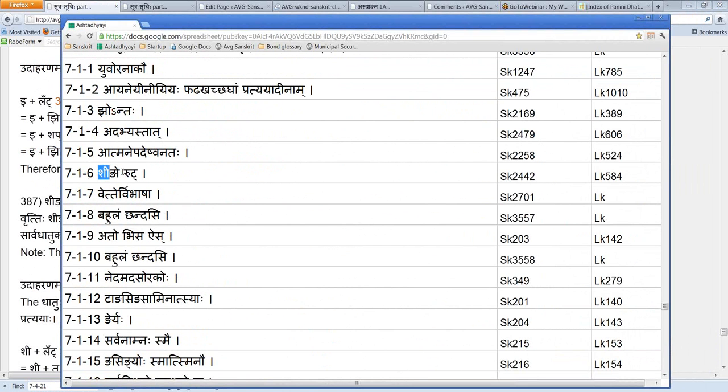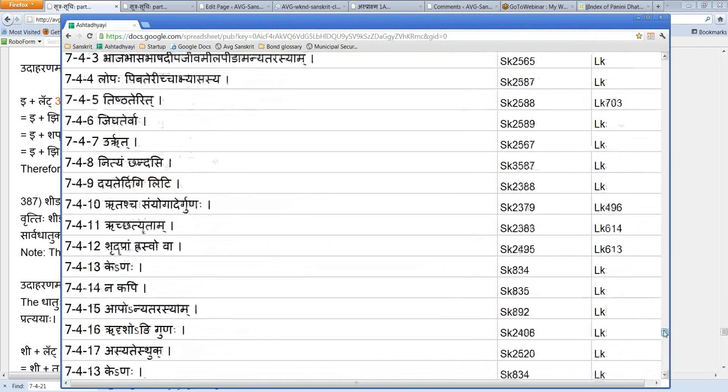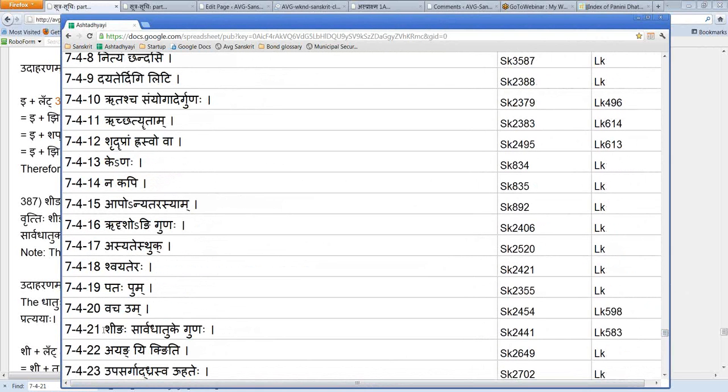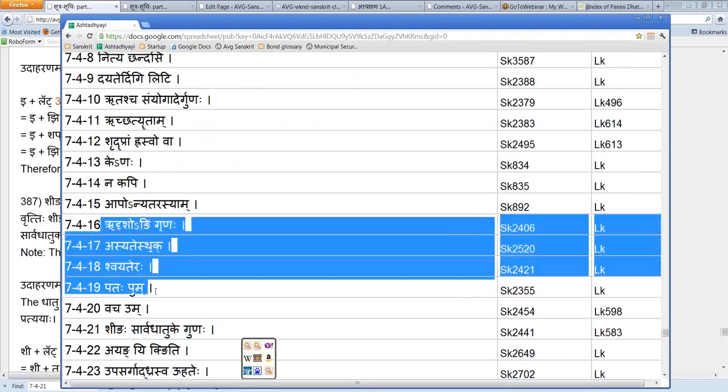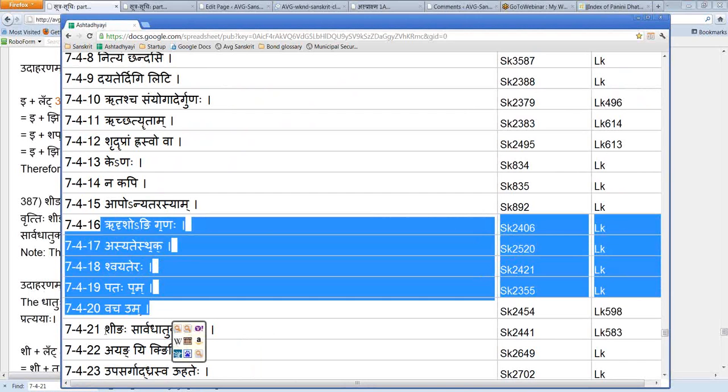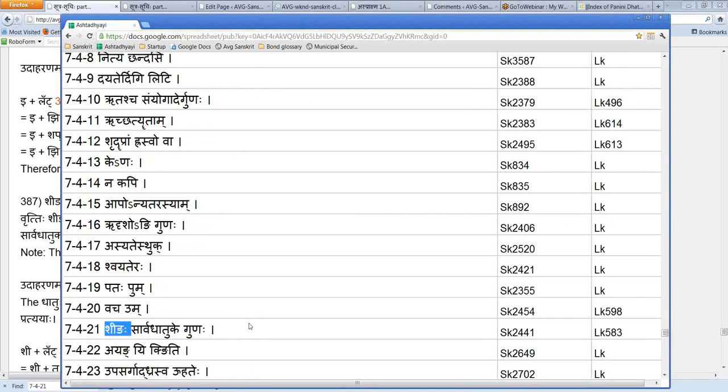So Shingo Rut will not affect us because the at which came in place of ja does not immediately follow shing. And 7-4-21 comes right after a section which you're going to see later on, maybe today or our next class. But after that comes Shinga Sarvadhatuke Gunaha, and that's only Sarvadhatuke, so you don't have to worry about that.